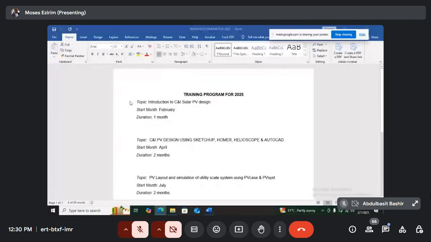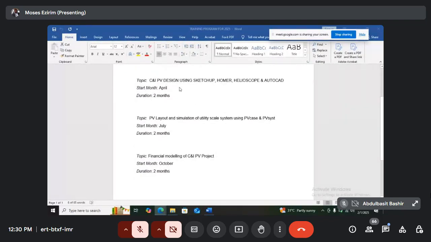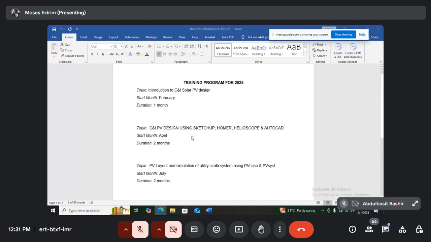Now, by April, we're going to start with the software. We do SketchUp, we do Helioscope, and we do AutoCAD. Now, if you've not done this, I'm sorry, you won't be able to do the rest, because I'm going to be bringing in professionals that will take this. I won't be the only one taking all this. So you need to know how to use SketchUp.